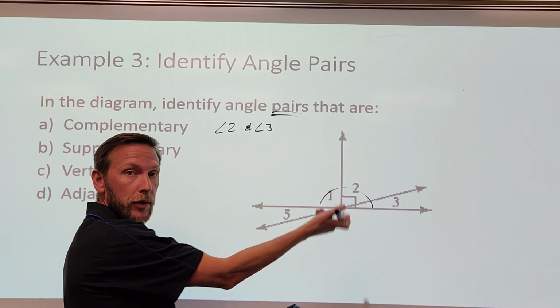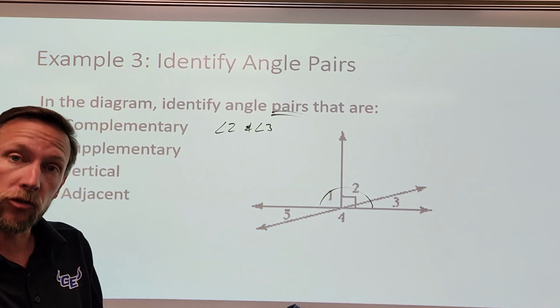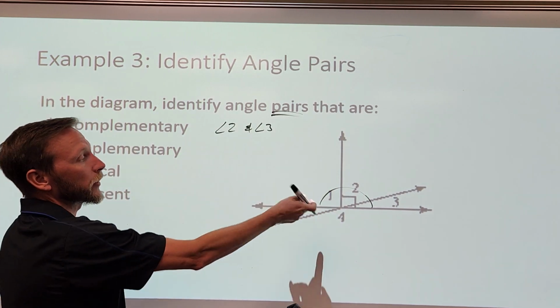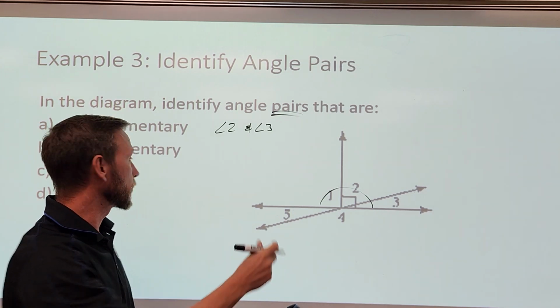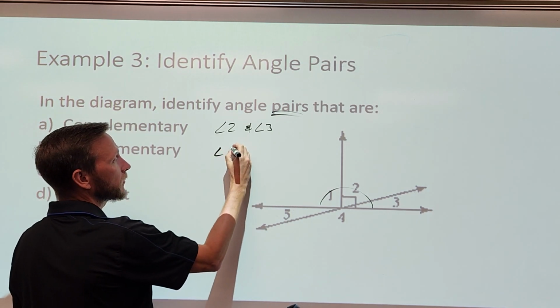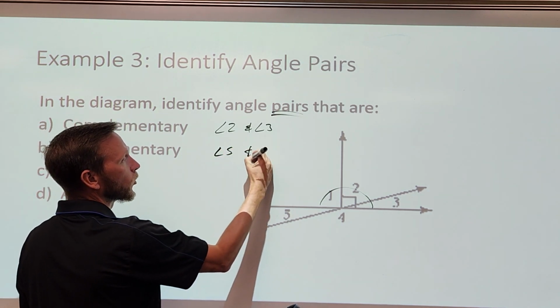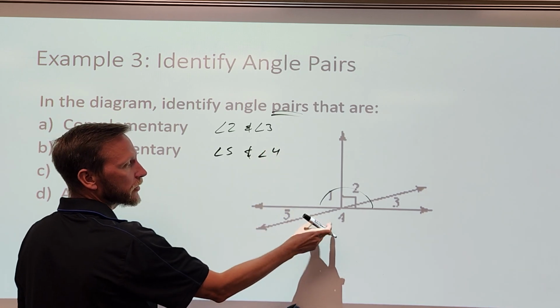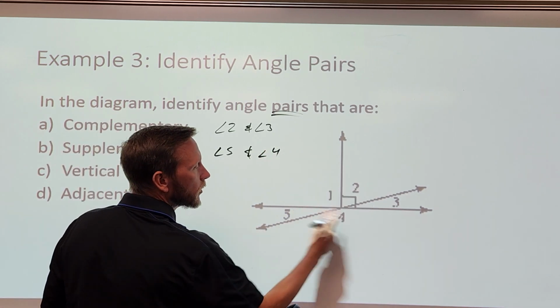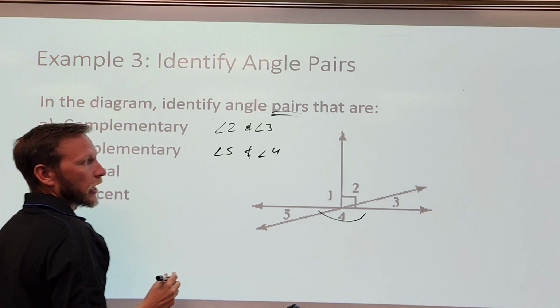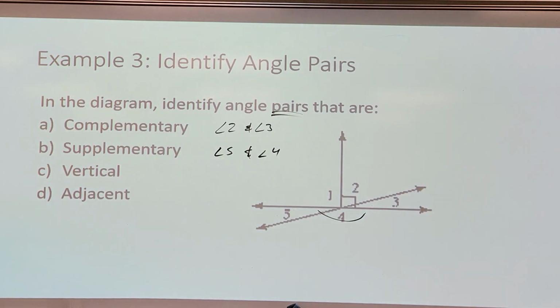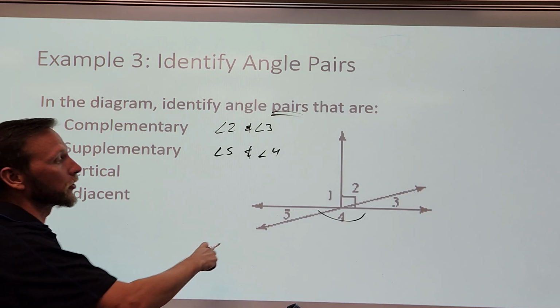So even though all 3 of those by the angle addition postulate make a straight angle, they are not supplementary angles because it's not a pair, all right? But angle 5 and angle 4, these angles do make 180 degrees, and they are a linear pair. There's only 2 of them, and so they make 180 degrees.